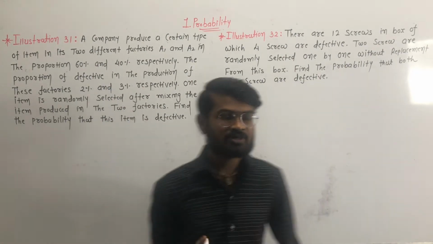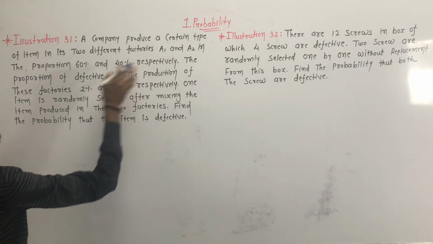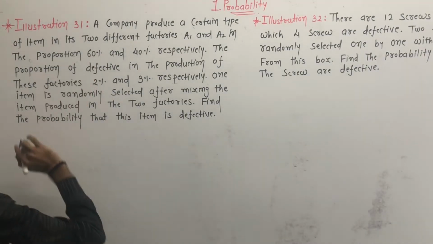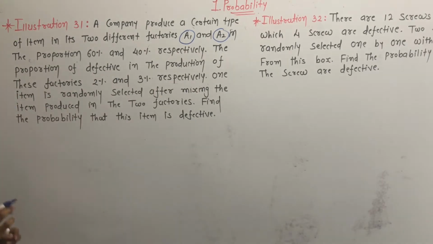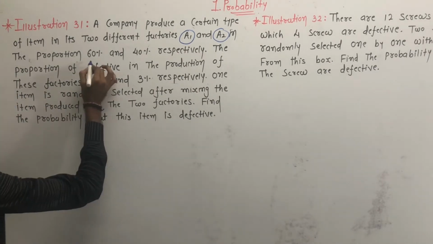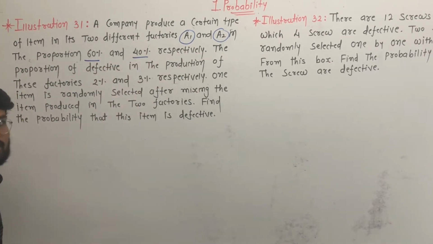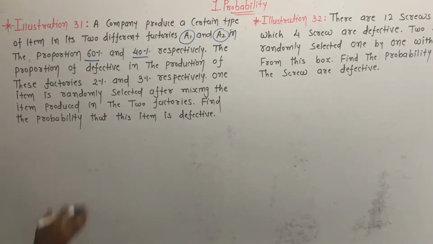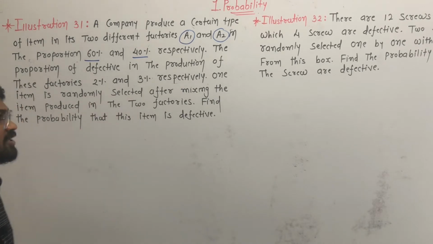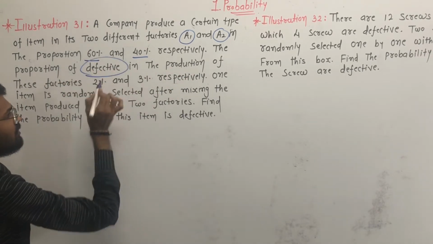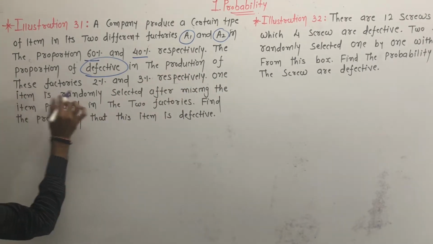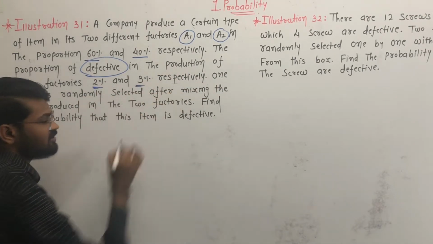Illustration number 31: a company produces a certain type of item in two different factories, A1 and A2, in the proportion of 60% and 40%. Factory A1 produces 60% of the items and factory A2 produces 40% of the items, and the proportion of defective items in the production of these factories is 2% and 3% respectively.